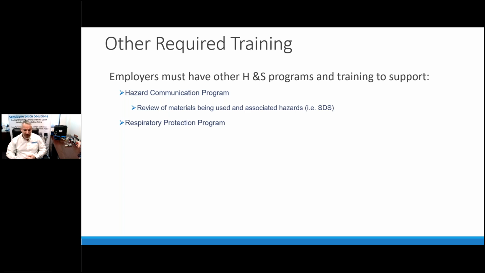You'll know if that material contains crystalline silica, and then by the process and task itself, whether or not the hazard can become airborne and there really is an exposure concern. Companies must also have a respiratory protection program. Typically, it is used as one of the controls as part of the hierarchy of controls. We'll talk about that a little further in an upcoming slide.